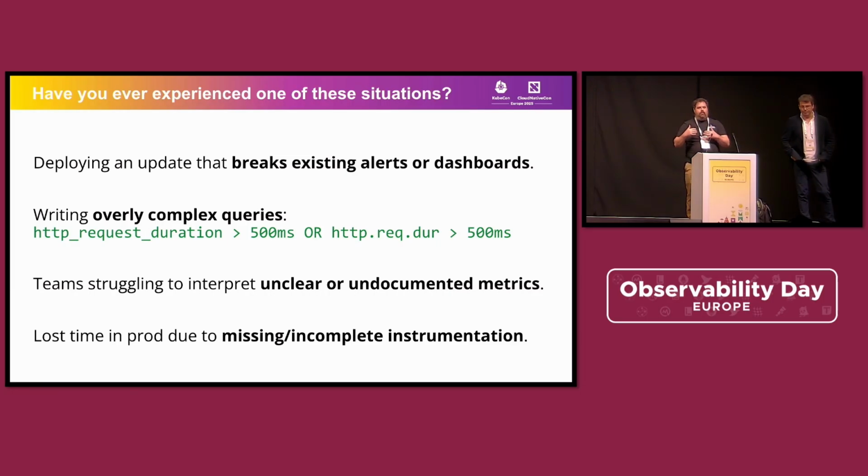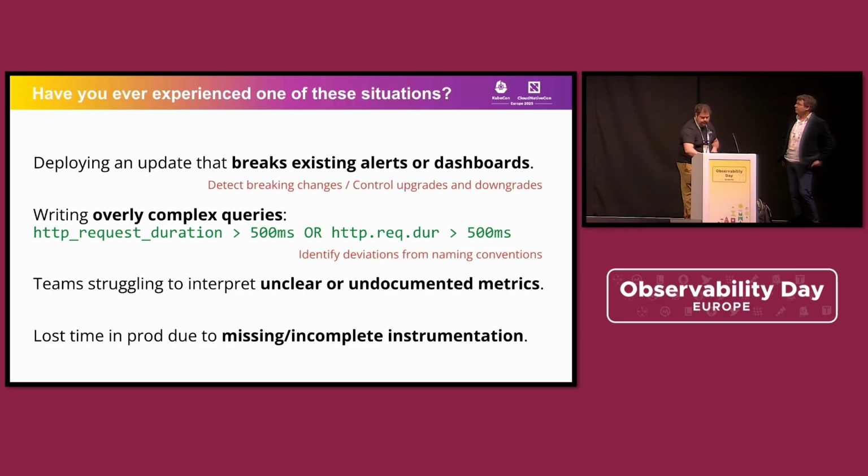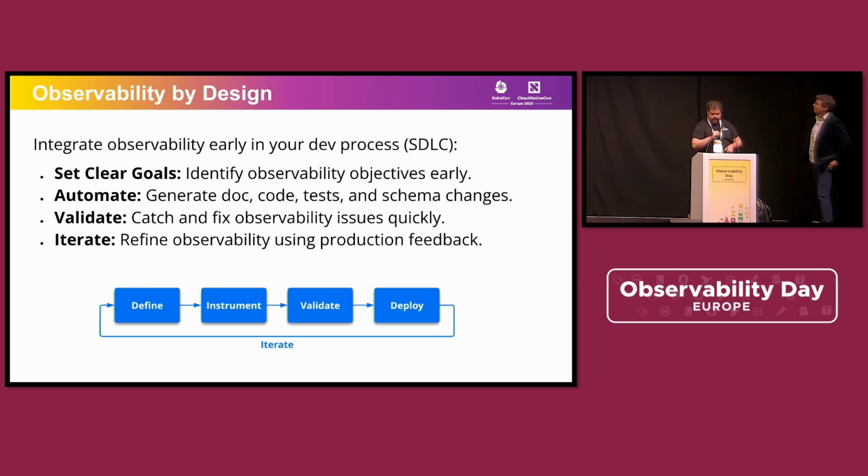You need to treat it with the same kind of quality bars and its own observability to understand if it's working. So we're going to talk about some tools and things we can do to make that happen.